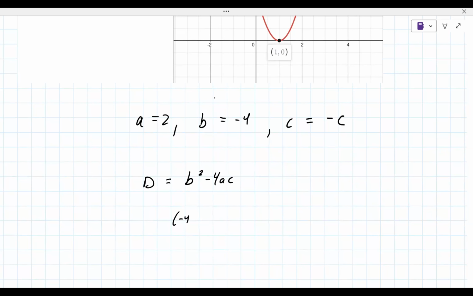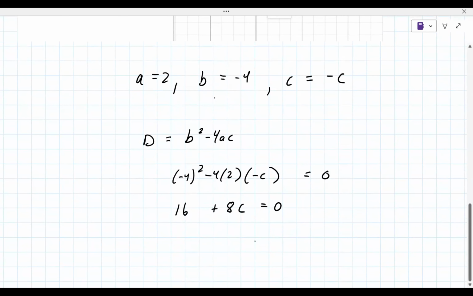So that's -4 squared minus 4 times 2 times minus c, and you set this equal to 0. So -4 squared is 16. 4 times 2 times minus c is plus 8c equals 0. You solve for c and get c equals -2.